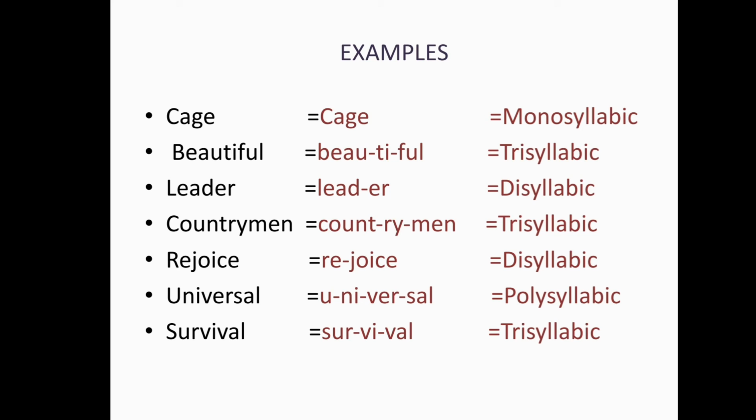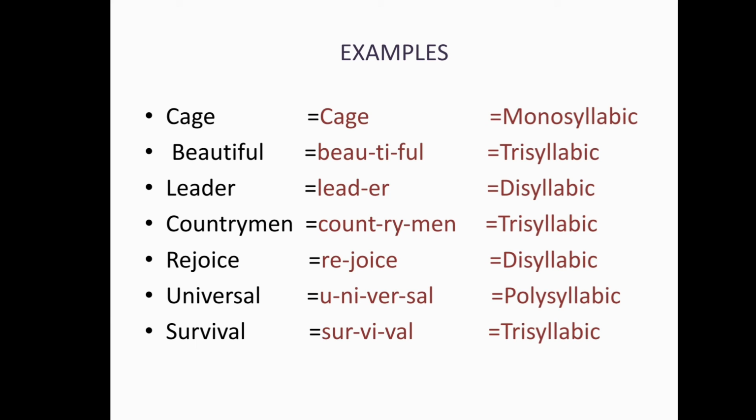We call this word a trisyllabic word. In the word leader, we find E, A, E, but the vowel sounds are only two. So we can syllabify this word as lea-der. It is a disyllabic word.